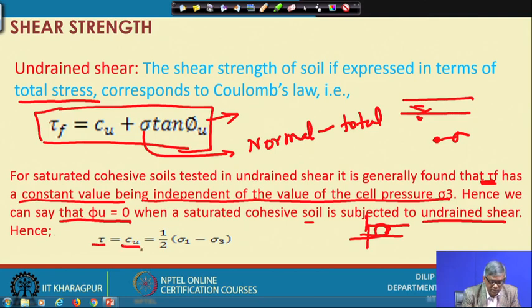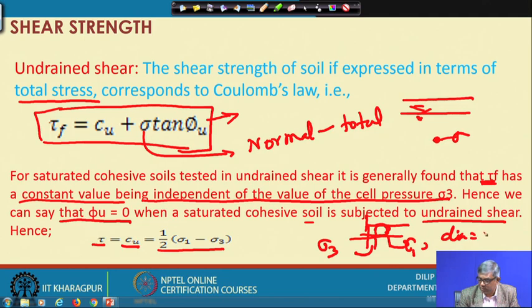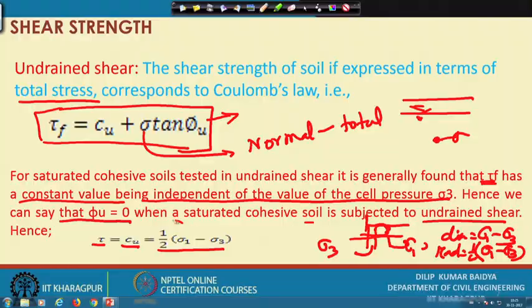Then tau equal to C u equals half of sigma 1 minus sigma 3, because this is sigma 1 and this is sigma 3. The diameter of the circle will be sigma 1 minus sigma 3, and the radius, which is nothing but tau here, will be half of sigma 1 minus sigma 3, whatever I have written here.